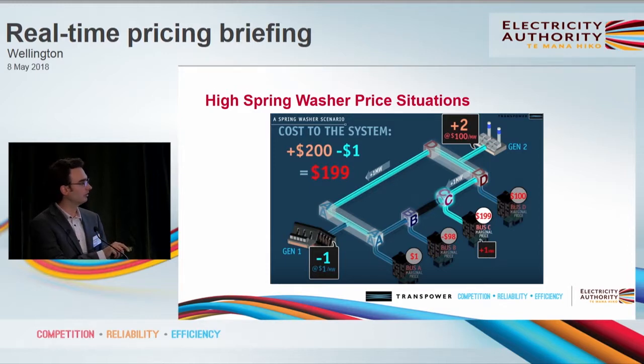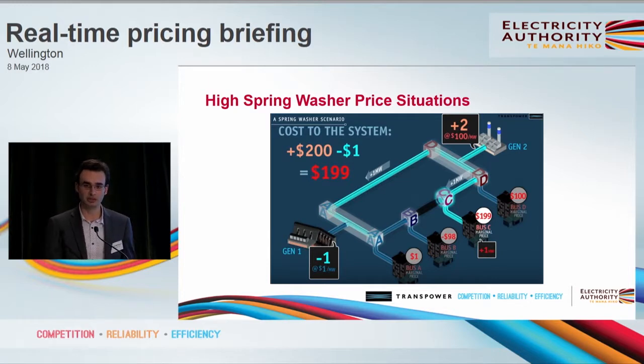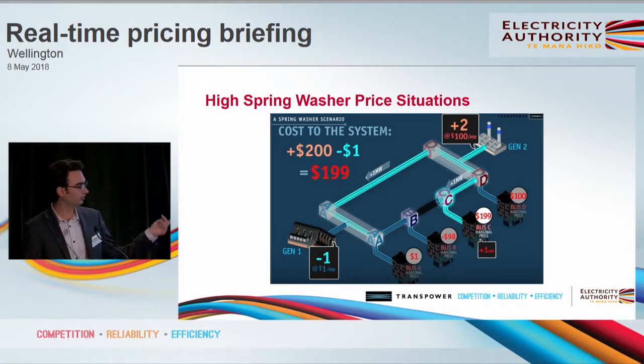The price at bus C, for instance, is $199, which is widely divergent from either $100 per megawatt or $1 per megawatt, which is the offered generation. Conversely, on the other side of the spring washer you get some other fairly interesting prices of minus $98, simply as a result of the same calculation, but this is the change in system cost to provide the next megawatt at bus B.